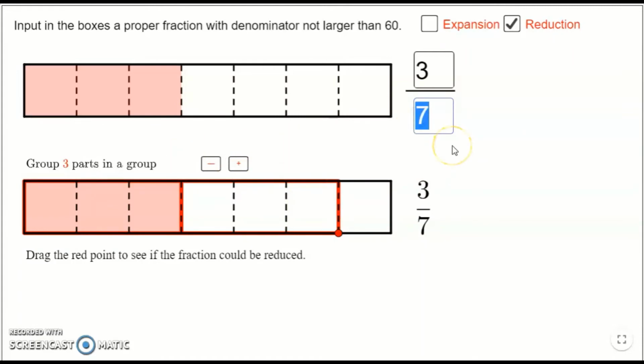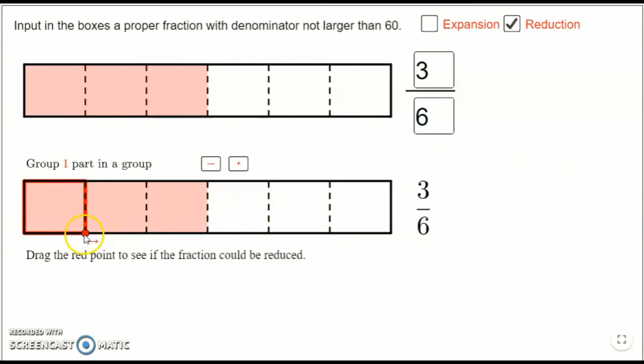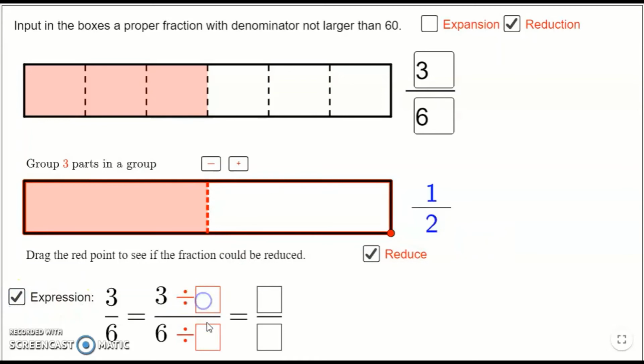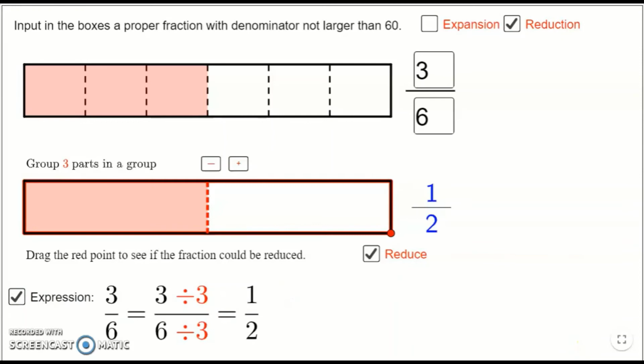If I were to change this to 3/6, then I can group them together into 3, and we will see we have these 3 become one group and these 3 become one group, and we can simplify this down, and we can write it dividing both top and bottom by 3 to get 1/2.